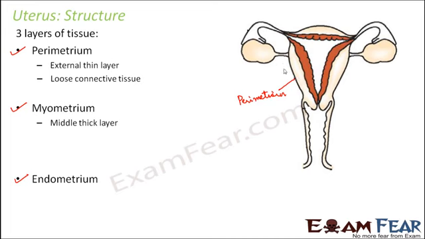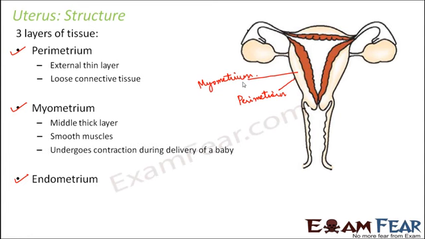Next is the myometrium, which is the middle layer and is quite thick. So this thick layer is the myometrium. What does this layer do? It is made up of smooth muscles and it undergoes contraction during delivery of a baby. As I said, the baby remains in this area for 9 months.